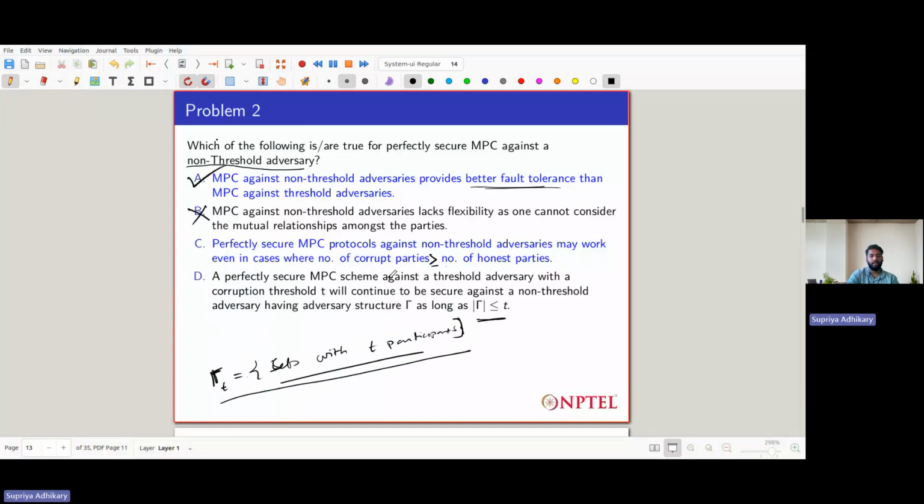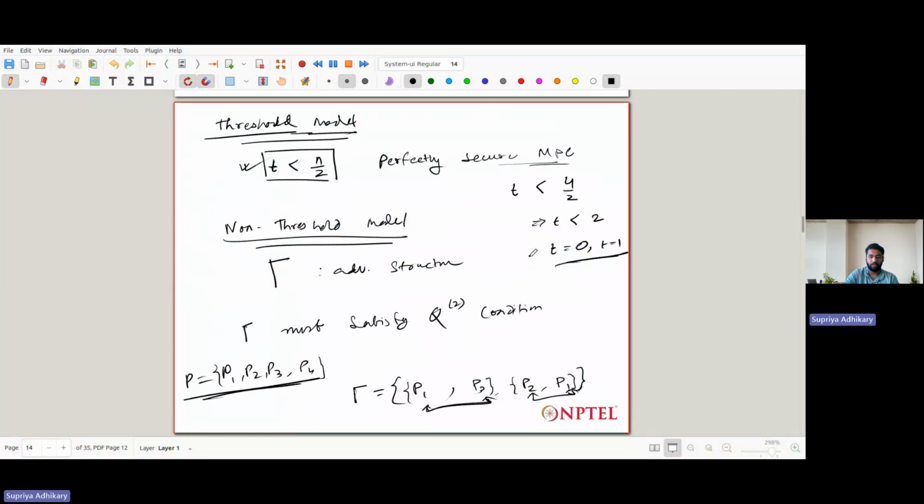For C, we have this. For the non-threshold case, we can even consider the case where the number of corrupt parties is greater than the number of honest parties. That is also true, because in the threshold model, to create a perfectly secure MPC, we had T less than n by 2, which means that the number of honest parties is greater than the number of corrupt parties.